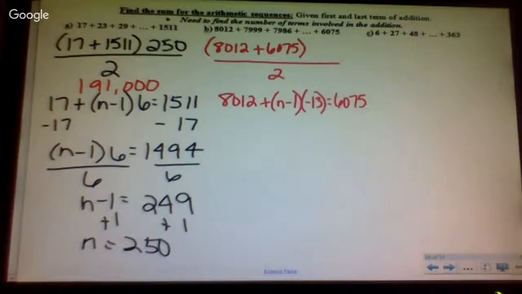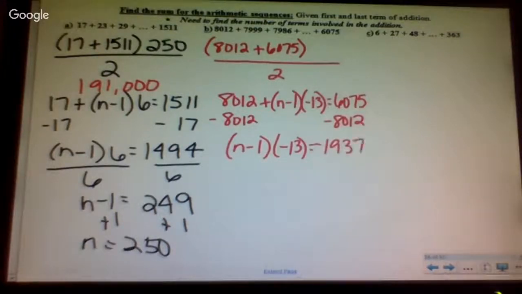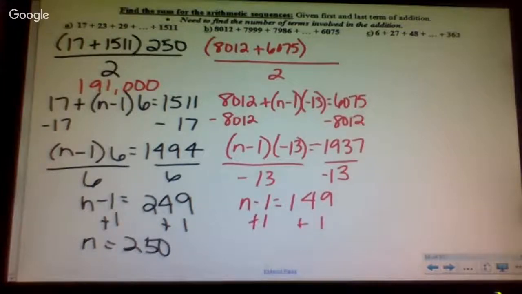Okay? So we're going to subtract off 8012 first. You get n minus 1 times negative 13 equals what? Negative 1937. Divide by negative 13. So n minus 1 equals 149. Add 1 to both sides.